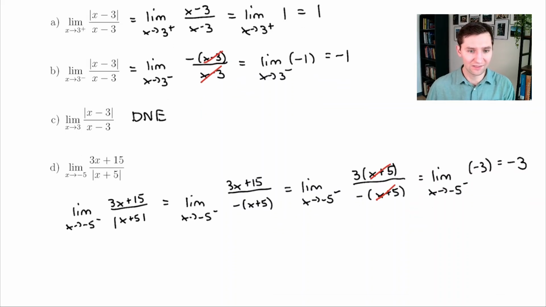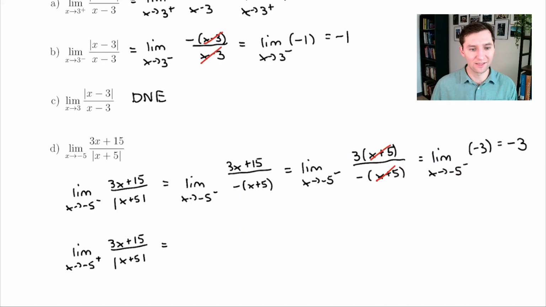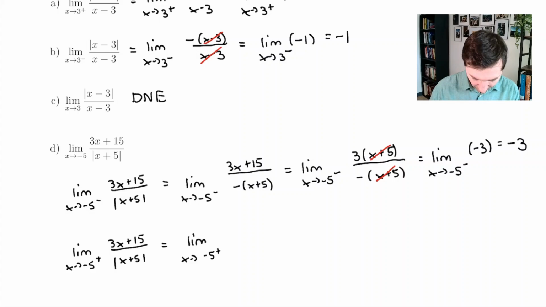Now let's compute the same limit, but this time from the right. So I say now the limit from the right. And I ask myself, as I'm using x slightly bigger than negative 5, will the expression inside of the absolute value be positive or negative?